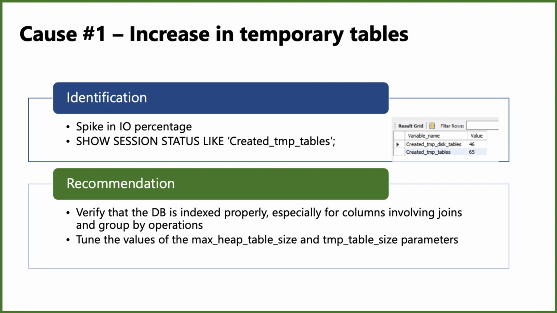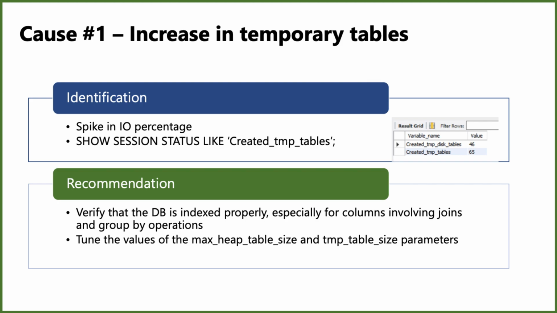Increasing the value of this parameter and the max heap table size parameter without verifying your indexes can allow inefficient queries to run without indexes and create more temp tables than are necessary. As you recall from the earlier slide, the first thing is the application bucket that we should always be reviewing.